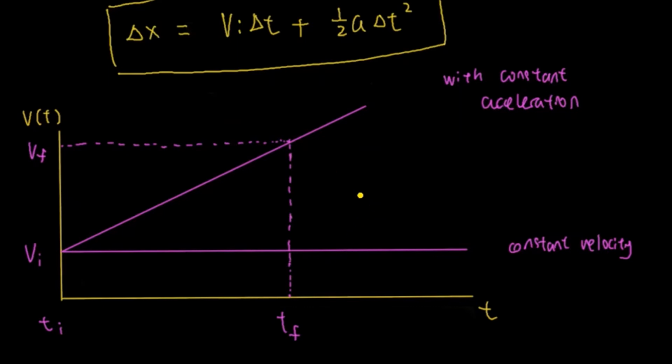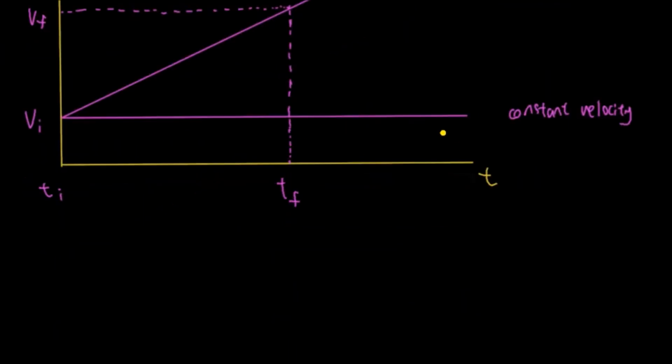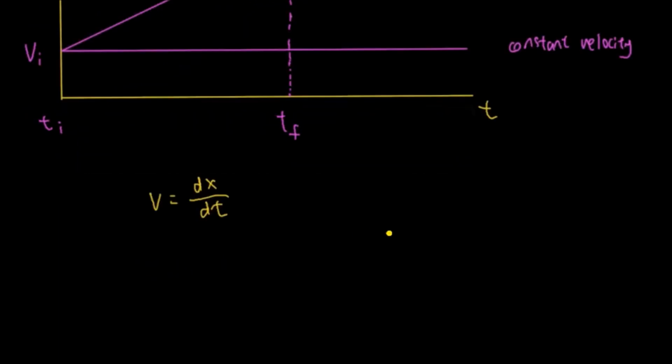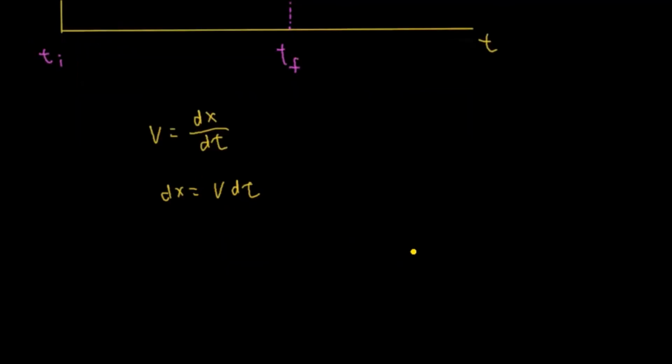Now, remember this. Velocity is change in position over change in time. So if you multiply both sides by dt, we have dx equals v dt. If you integrate both sides, you get the position.